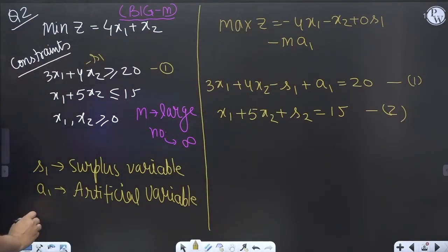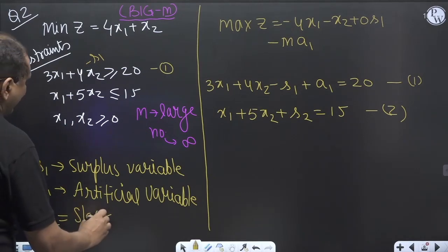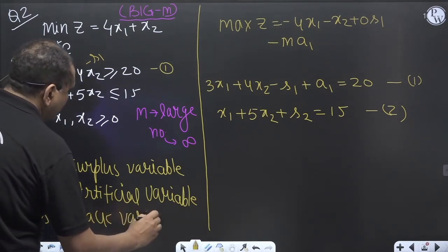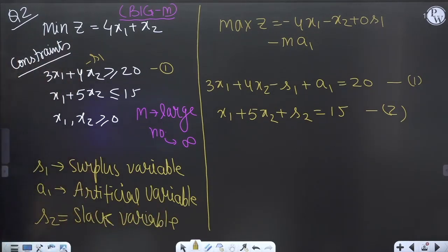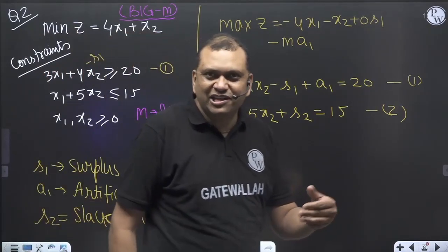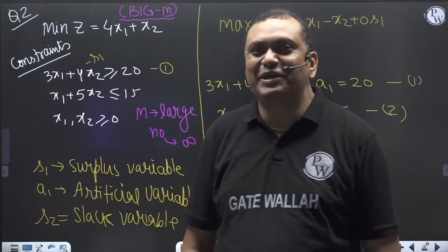And s2 is called the slack variable. S1 is called the surplus variable, A1 is called the artificial variable, S2 is called the slack variable. So I have introduced 3 terms. I am gradually introducing the terms one by one, not everything at a time.